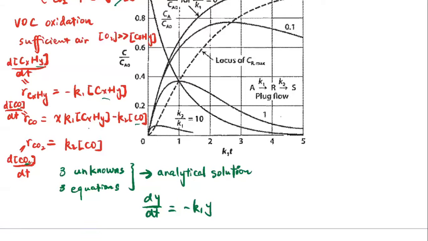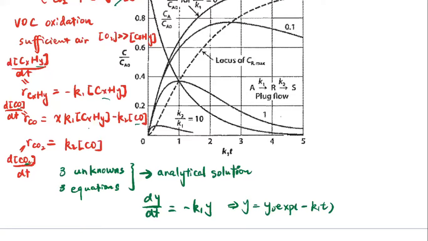We know that for this type of differential equation, the solution is y equals y0 exponential of minus K1 t. And then if we know this solution, we can plug it into the second and third equations to solve for the concentration of the carbon monoxide and carbon dioxide.